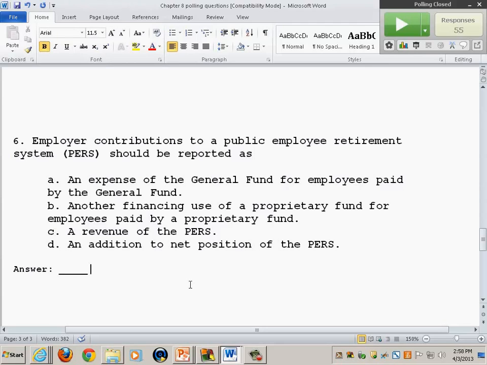I want you to read each of the answers very carefully. I know this is new, but use process of elimination if you have to.